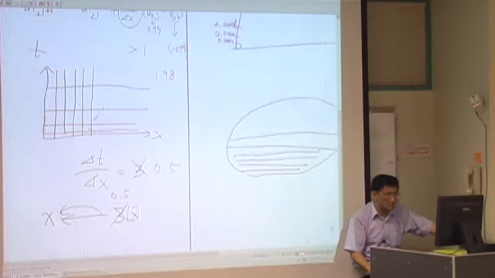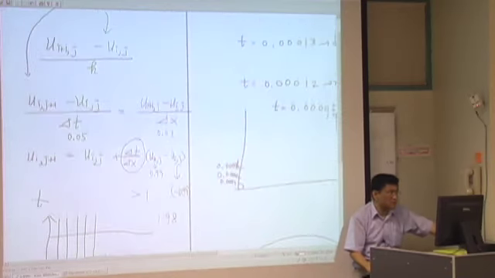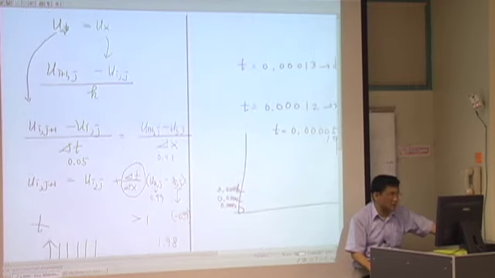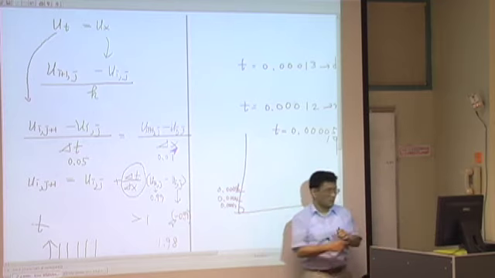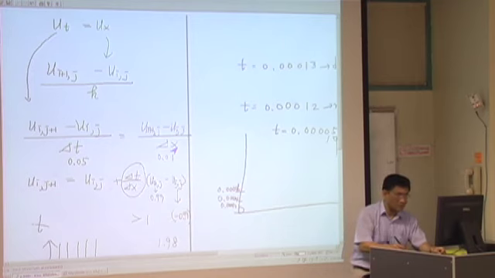To represent this situation, generally I used delta t in the time derivative direction, and in the x derivative direction I used delta x. So this distance is called delta t, right? This is delta t, and then delta t. And this distance is called delta x.